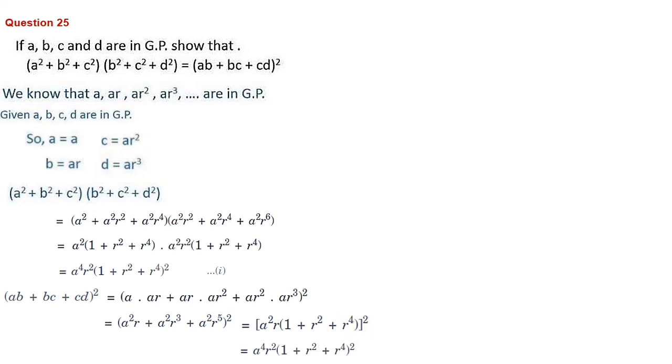Then a square r the whole square means a square the whole square, which is a power 4. Then r square outside, into (1 plus r square plus r power 4) the whole square. When you check, this is the same as equation number 1. When we compare equation number 1 and equation number 2, both are the same. So from 1 and 2 we have LHS equal to RHS. That means the given statement is proved.